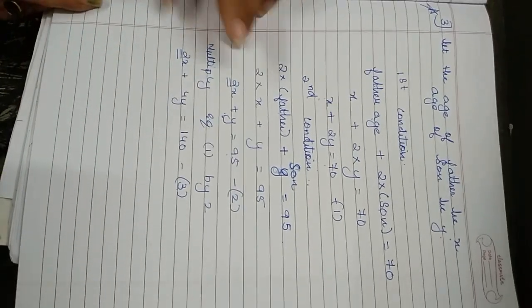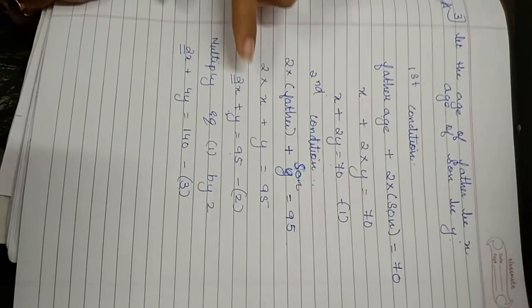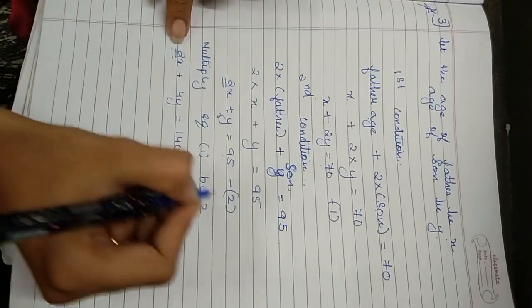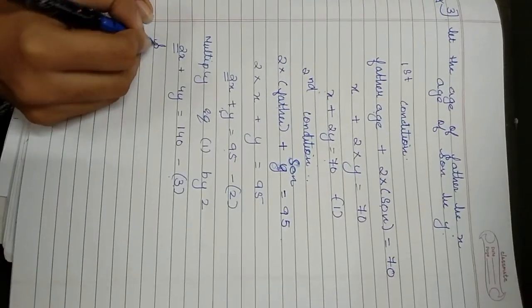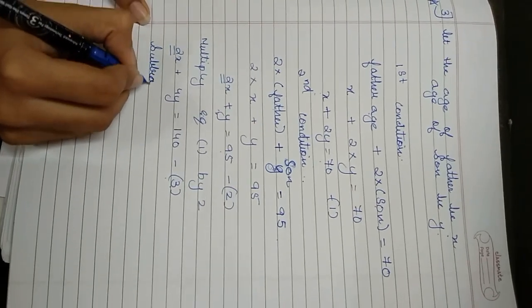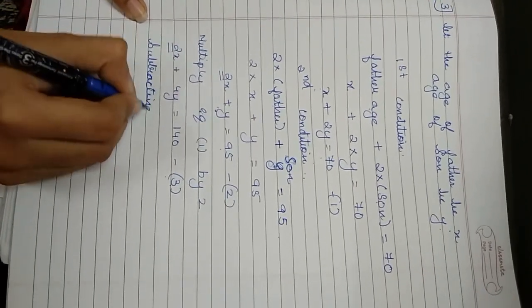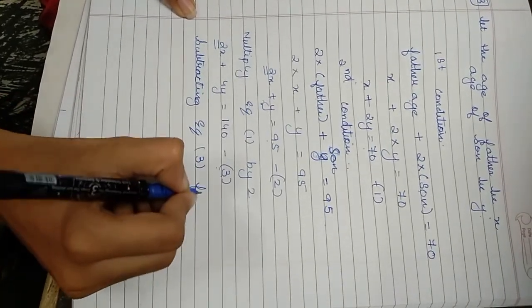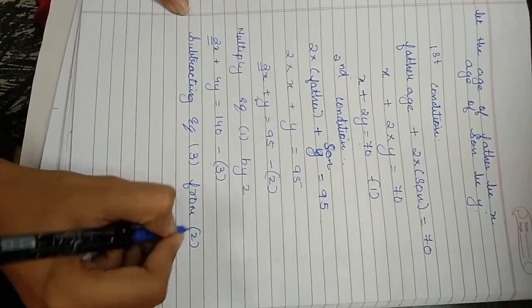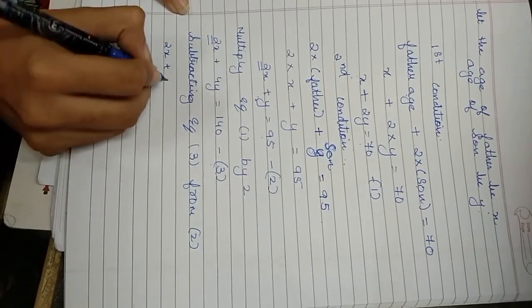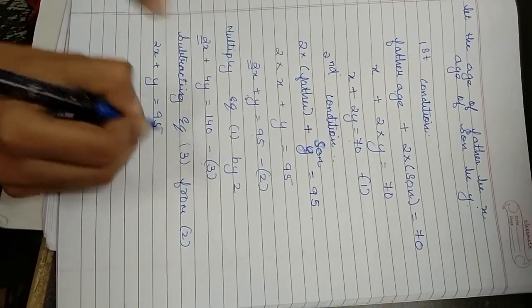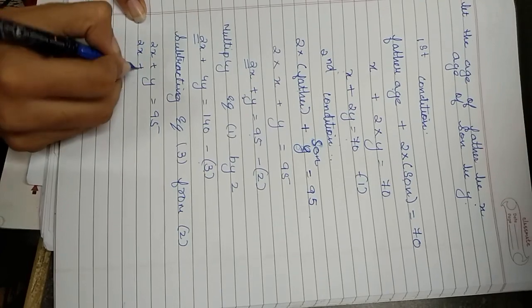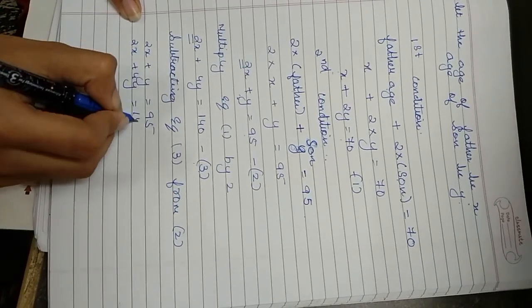Now since the common multiple is 2 but we need opposite sign, so subtracting equation 3 from 2, that is 2x plus y is equal to 95, 2x plus 4y is equal to 140.